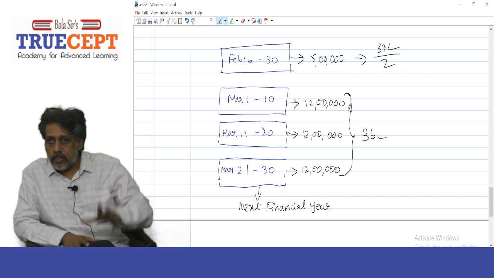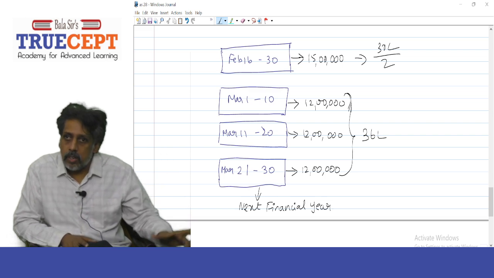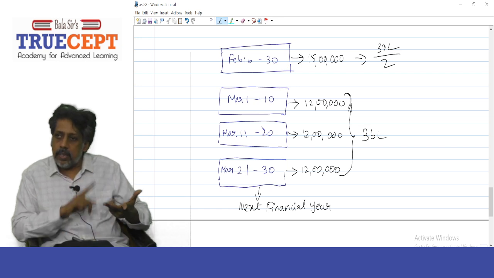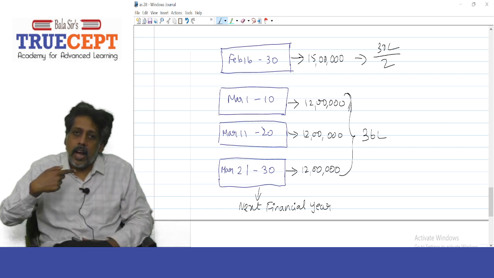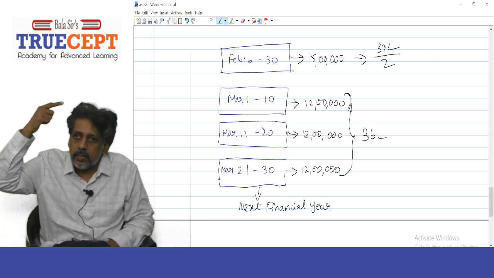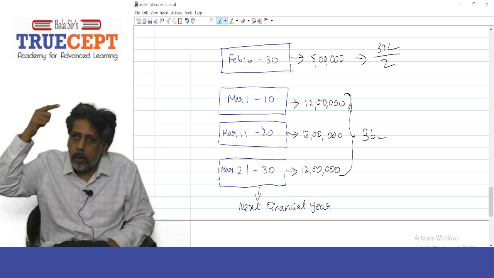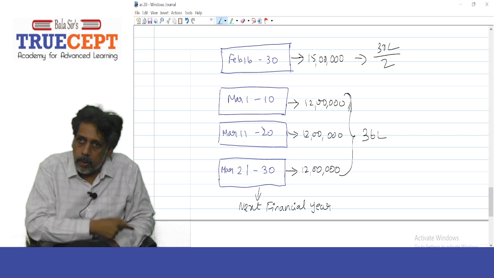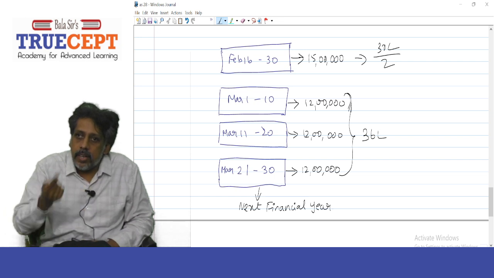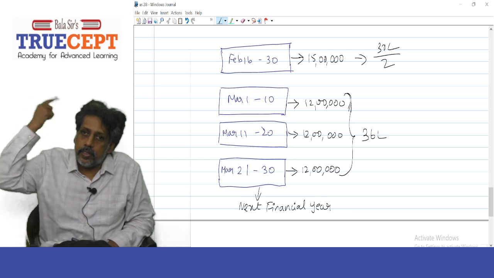But for the goods sold between March 11th and March 20th, say the goods are sold on March 20th, those 10 days will be over by March 30. That's not a problem. Only when these goods are returned on the 11th day will it come in the next year, 11th day onwards, till the 45th day, right?